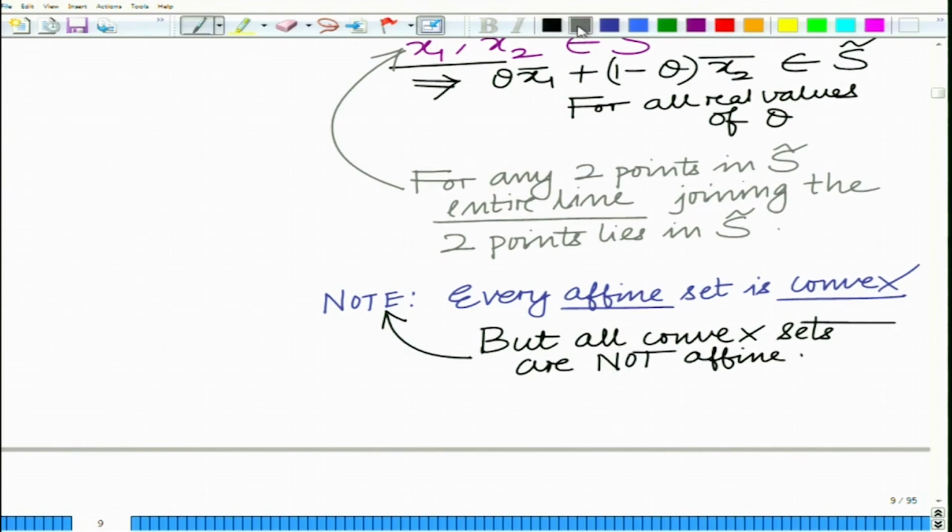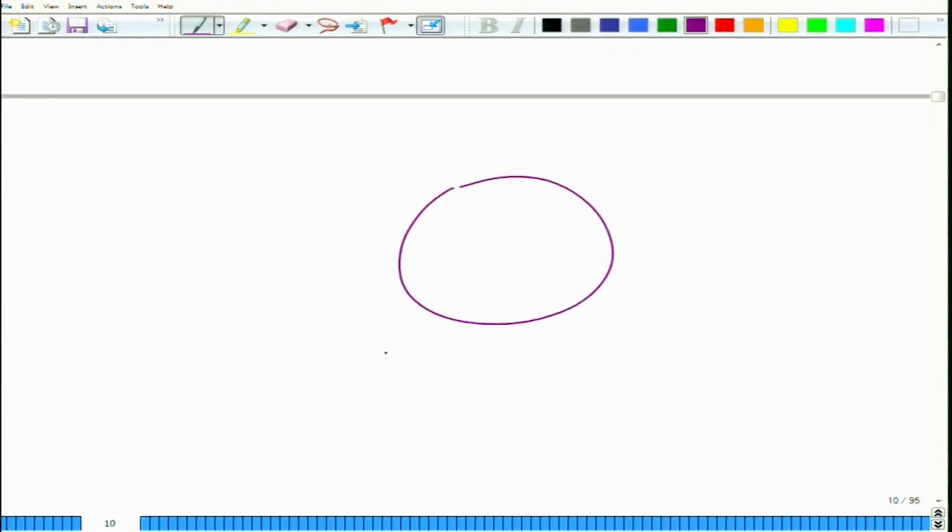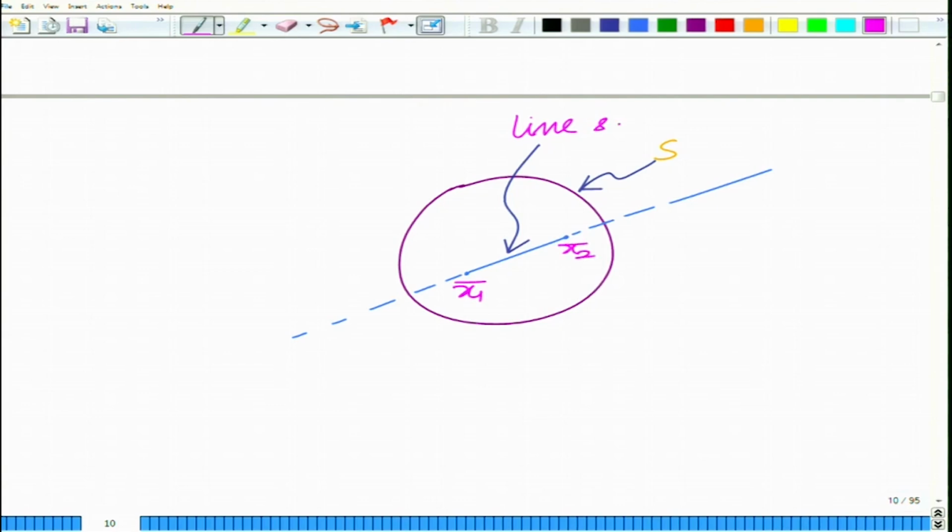All convex sets are not affine, and that is very easy to see. Take a simple example. For instance, if you consider a circle, which we saw yesterday, is a convex set, because if you take any 2 points, the line segment joining the 2 points is contained, but if you extend that to form the line, you can see that the entire line does not belong to S. So this is your S, the line segment is contained in S, these are your points x1 bar, x2 bar.